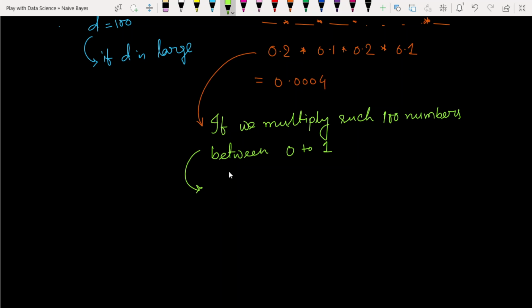So we face one problem that is called the numerical stability problem.